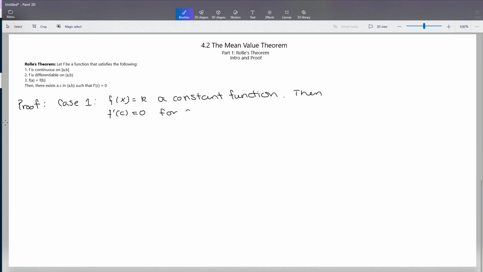And this is true for all c in the open interval AB. So if we have a constant function on that interval, then the derivative is 0 at every point in that interval, and that matches with what we want to conclude here.